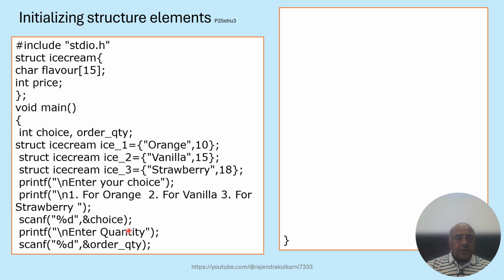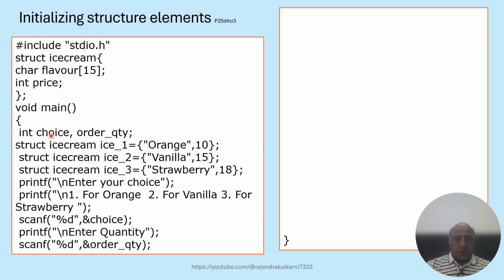That choice is assigned to a variable choice, which is an int type of variable. Then the user enters the quantity of his choice which he wants to order, and that is assigned to another variable order_qty.